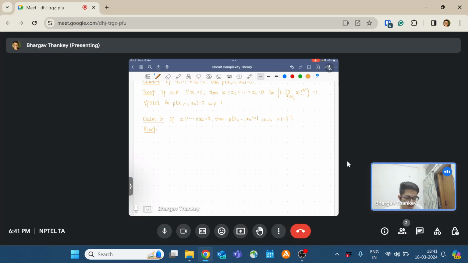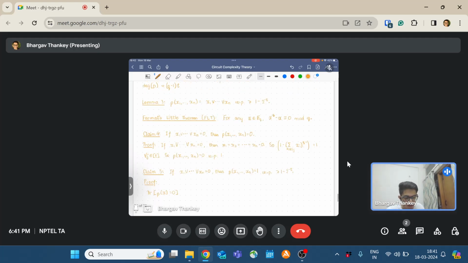Again, the proof is similar to something that we saw in class. We want to lower bound the probability that P is one, so we'll upper bound the probability that P of x is zero. When will P of x be zero?